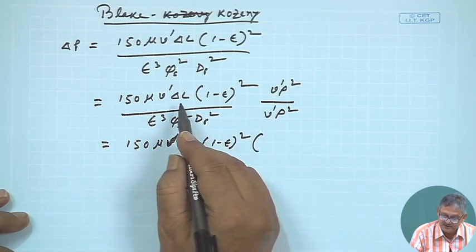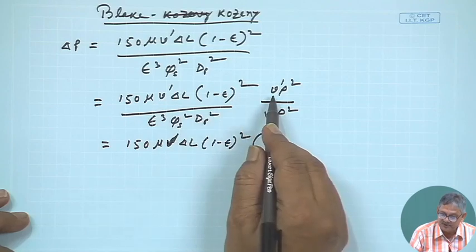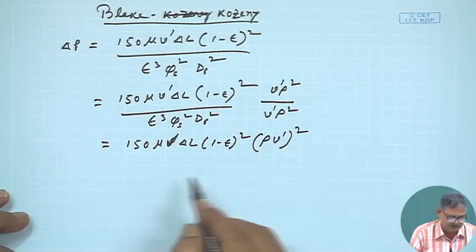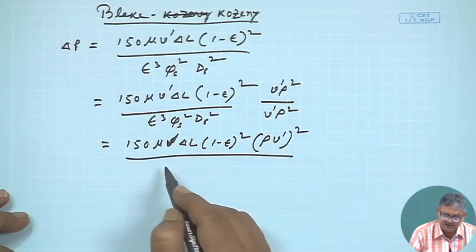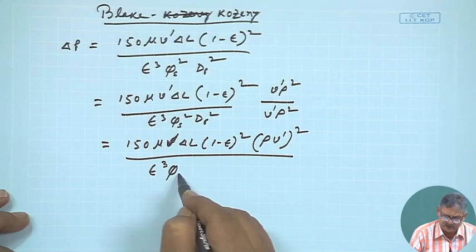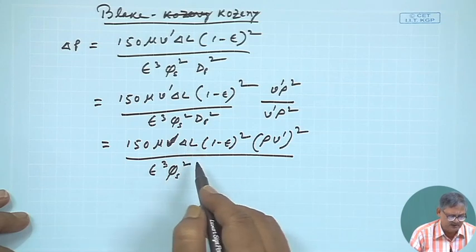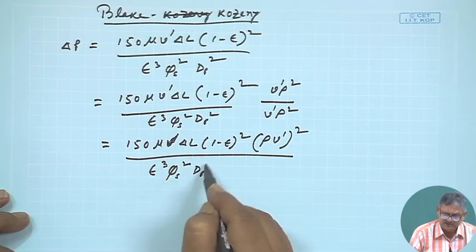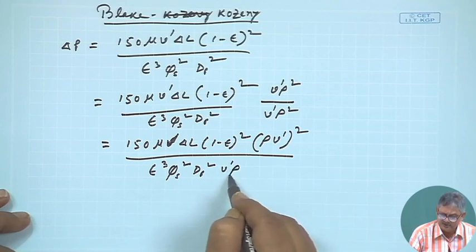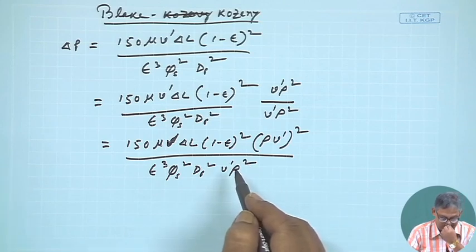Now, this V prime we can take there and write rho V prime square, right, and in the denominator we have epsilon cube phi s square and dp square, and this side it was V prime rho square, right.